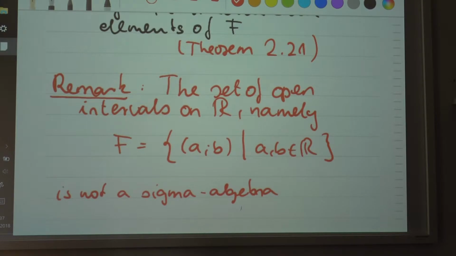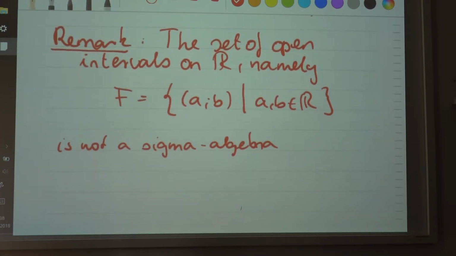Why? Because among others, it's not closed under complementation. The complement of a certain interval, for instance the interval from 0 to 1, which is an open interval, is not in there. So that's one reason. The set is also not closed under countable unions or countable intersections, but anyway, this is not a sigma-algebra.